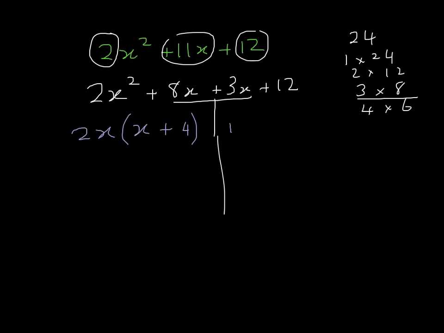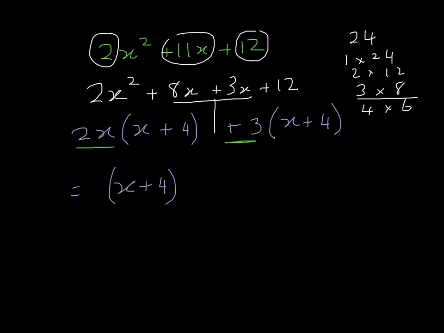And here I can take a 3 out the front of the bracket, and I'm left with x plus 4. My brackets are the same, so let's rewrite that, which equals x plus 4 in one bracket, and then what's left here I'll write in my second bracket, 2x plus 3. That's in factorised form.